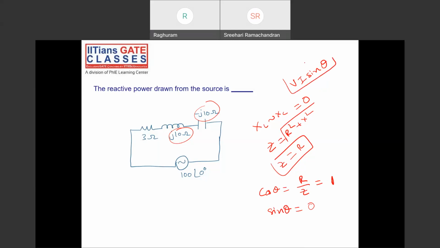So V I sin theta is 0. Reactive power is 0. Okay, when the X term is 0, reactive power is 0. Clear?